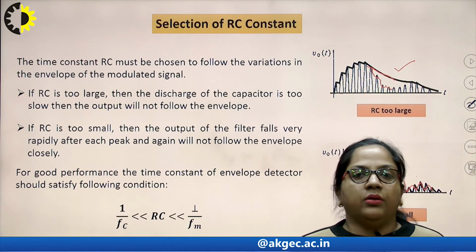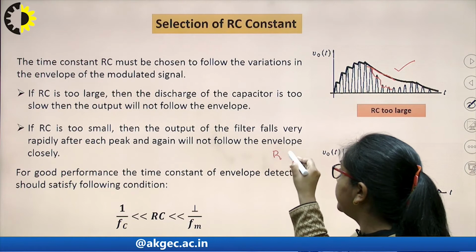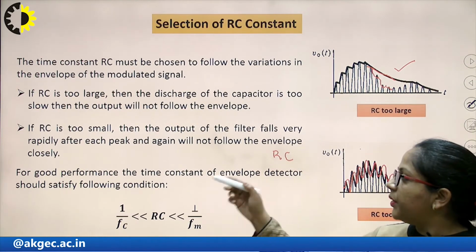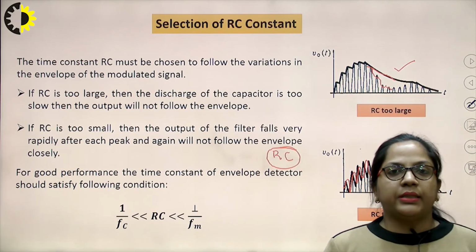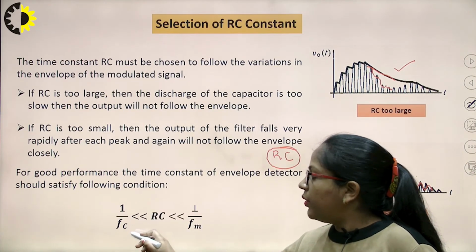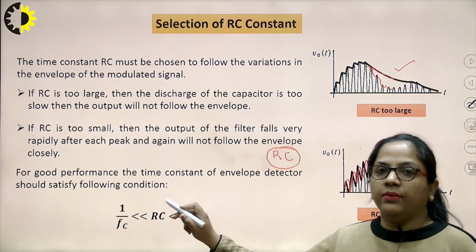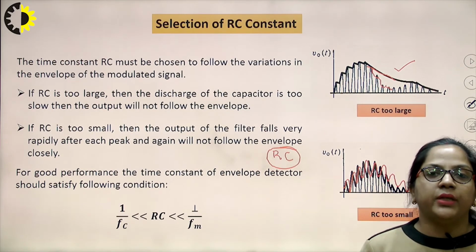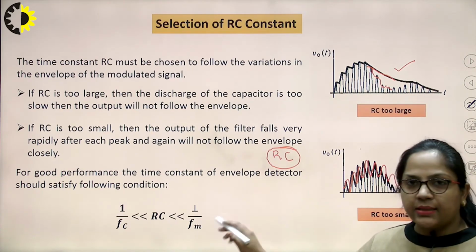So, what should be the condition for selecting the value of the RC component? For good performance, the time constant RC of the envelope detector should satisfy a condition, that is, it should lie between 1 upon Fc and 1 upon Fm, where Fc is the frequency of the carrier signal and Fm is the maximum frequency of the modulating signal or the maximum frequency of the message signal.